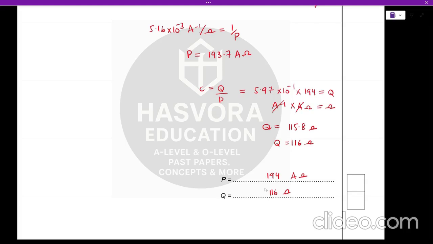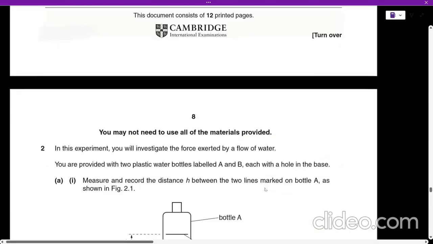So 5.97 × 10^-1 × 194 is equal to Q. The units of P were A Ω, and the units of the y-intercept were A^-1. So A^-1 times A cancels out, leaving ohm as the unit of Q. So Q is equal to 115.8, or 116 to three significant figures. So this question is also done.